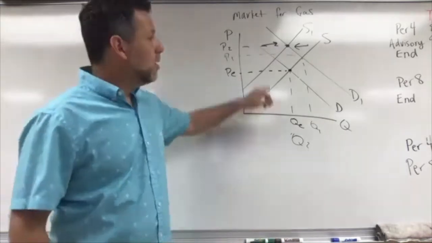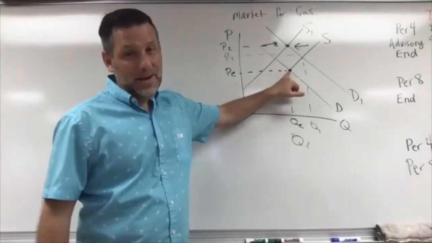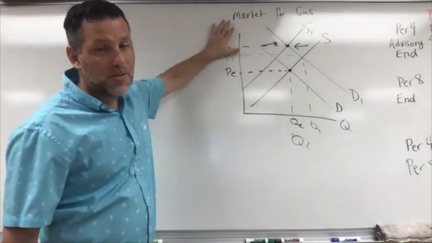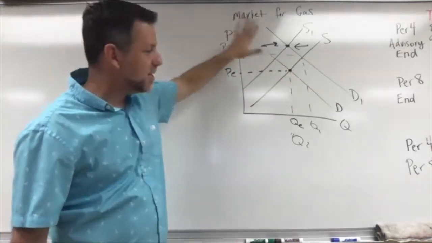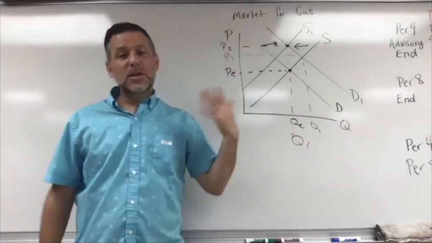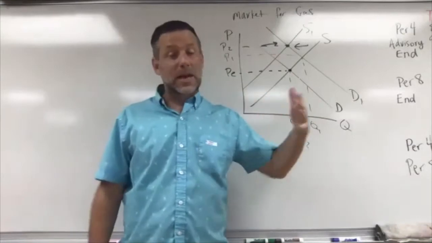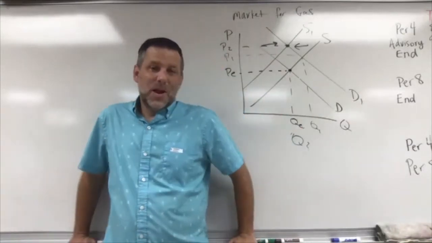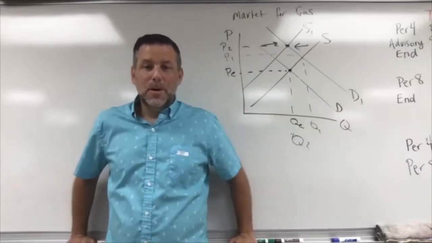In general, when lines intersect, we call that an equilibrium. Usually we have some form of price on the y-axis, and some form of quantity on the x-axis. Those are the things that are going to translate as we keep going this quarter. That's what I wanted you to remember.